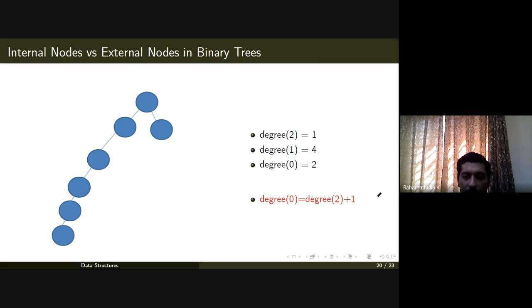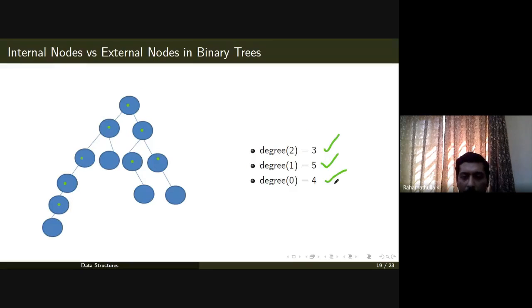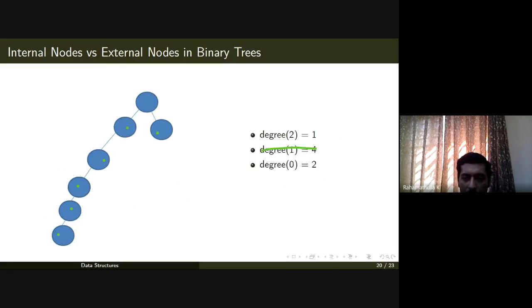So the pattern is: the number of nodes with degree 0 is the number of nodes with degree 2 plus 1. This is always true for a binary tree. We cannot set a relationship with degree 1. So nodes with degree 0 is always 1 greater than nodes with degree 2.